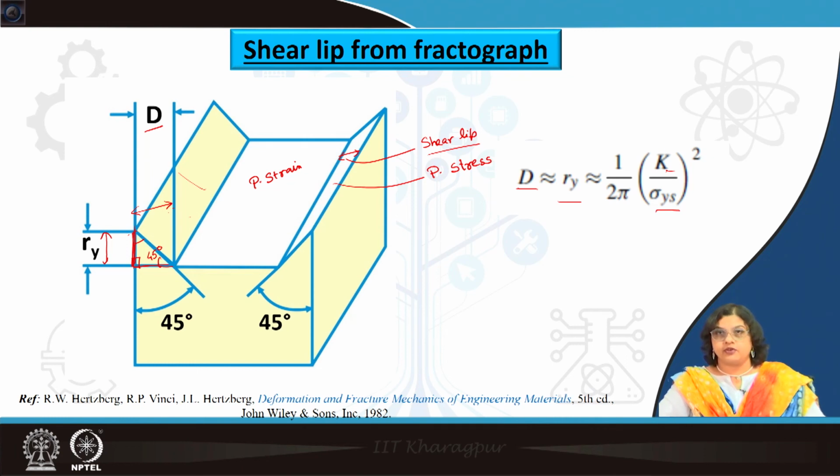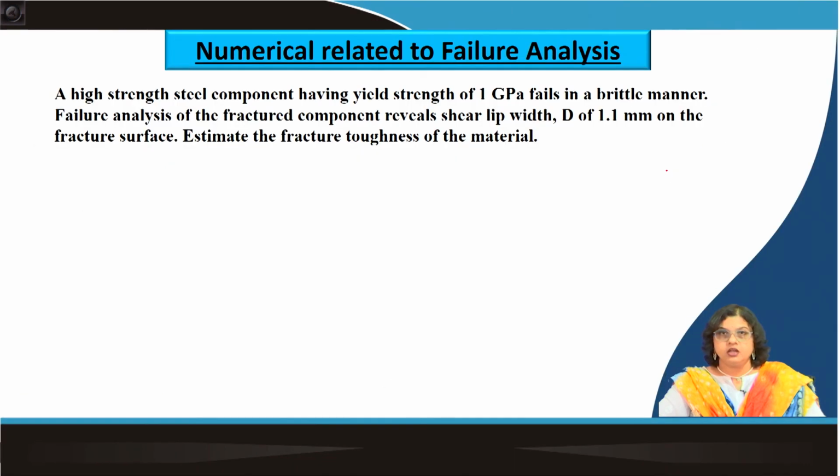Now, at the point of fracture, this K could be the fracture toughness of the material. Okay. So, based on this, there is a simple numerical to solve this, and to also appreciate how fractographs and the information as well as the understanding can be used to pursue the failure analysis.